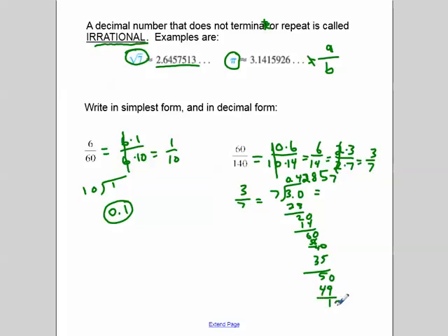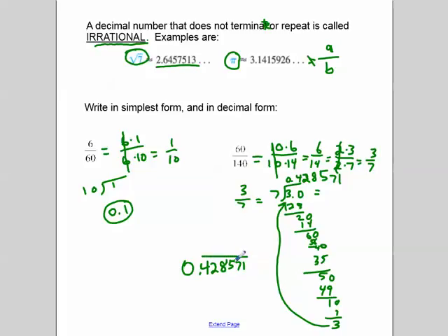I've got a 1. 7 times 1, 7, 3, but wait a second, I've got 3, the same as right there, so essentially that would be repeating. My decimal over here for 3/7 is 0.42857 repeating. And that's a repeating decimal.